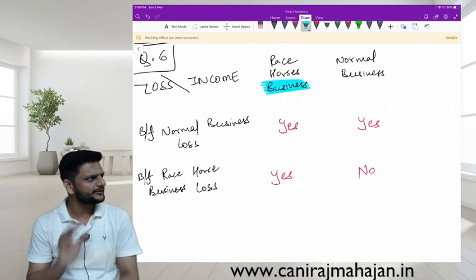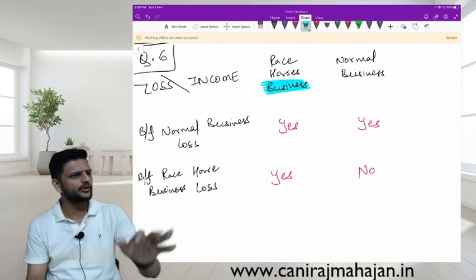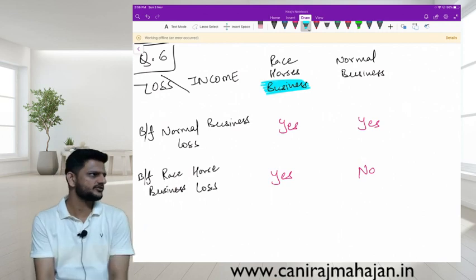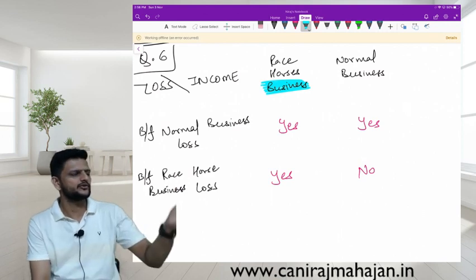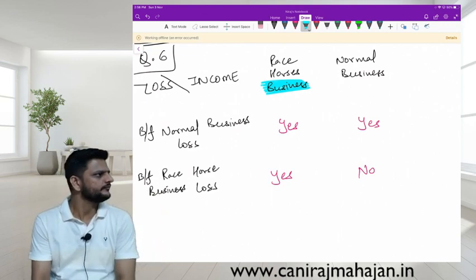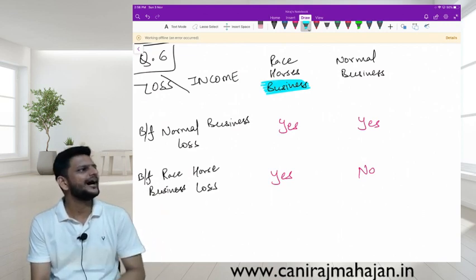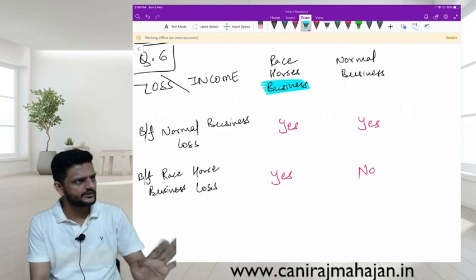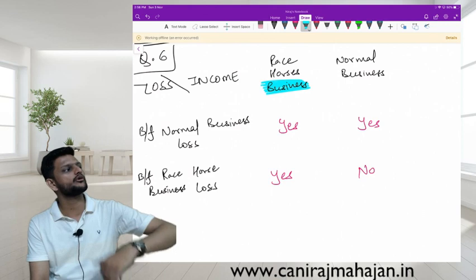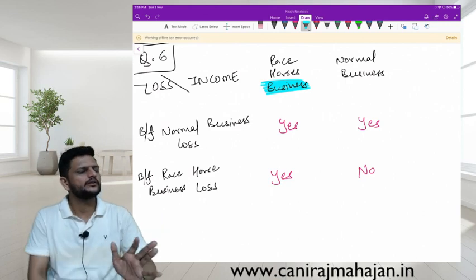I'll repeat. If you go to a race horse club, students, and you put some money on a horse, the horse wins, which means you won some money. Is your income from race horse business? No. Are you in the business of maintaining race horses? No. If you take a lottery and you won on that lottery, are you winning from lottery business? No. Then what is the business?